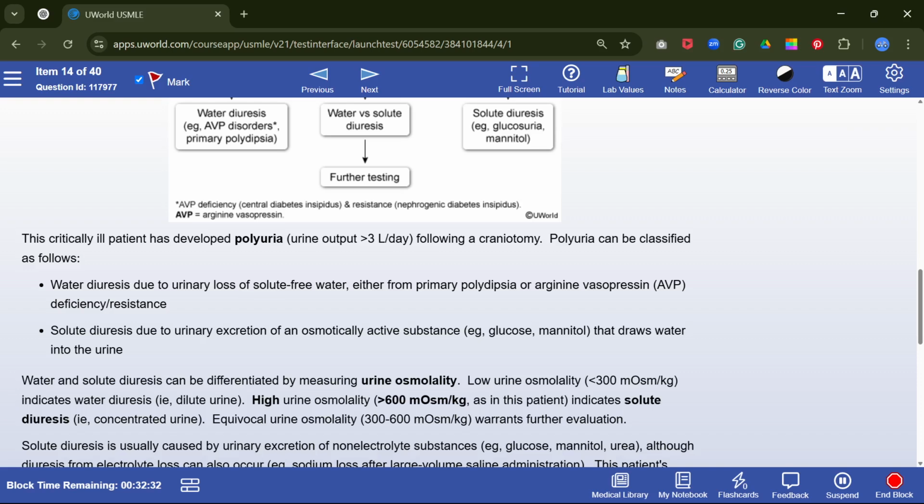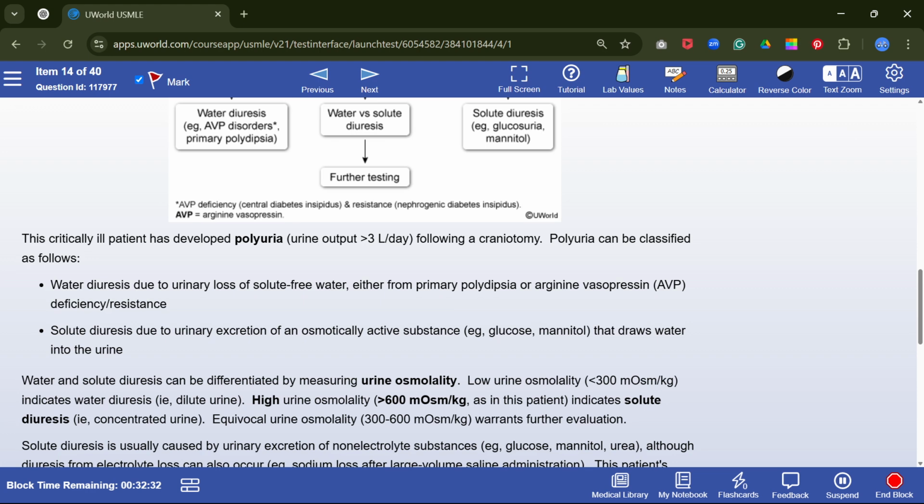Solute diuresis is due to urinary excretion of an osmotically active substance, glucose or mannitol, that draws water into the urine.